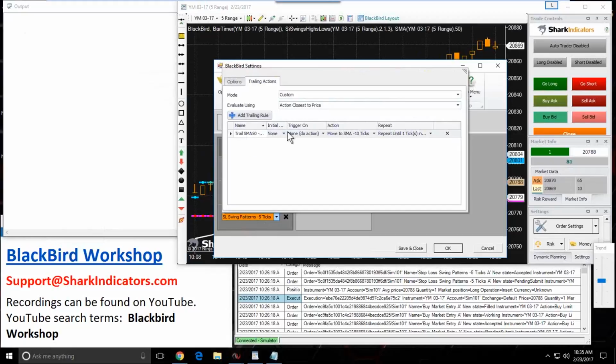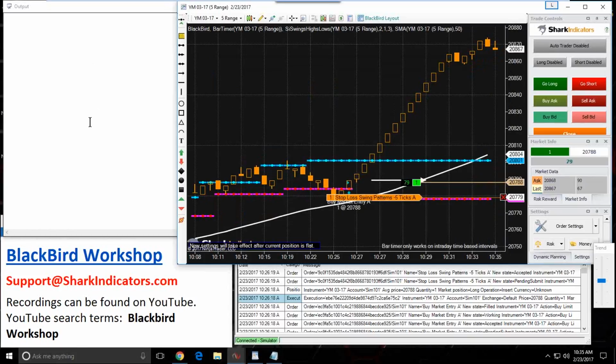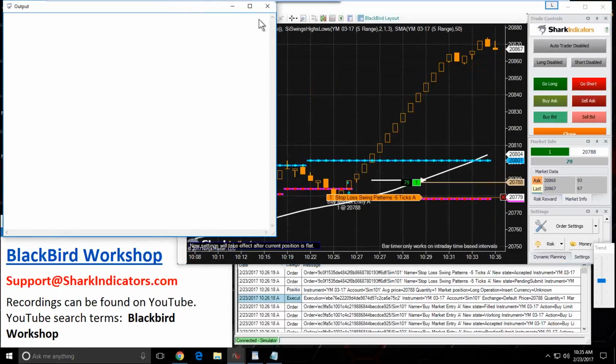When you have trailing rules, BlackBird has to evaluate each of the rules, each of the conditions, and BlackBird will print to the output window the decisions that are being made, so that way you can see what's going on. But let's see, I don't have it. Yeah, BlackBird's not printing to my output window today. Not sure why.